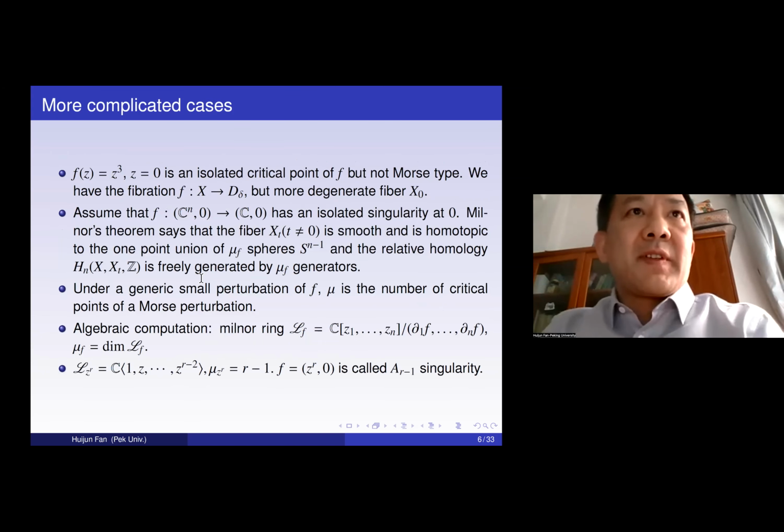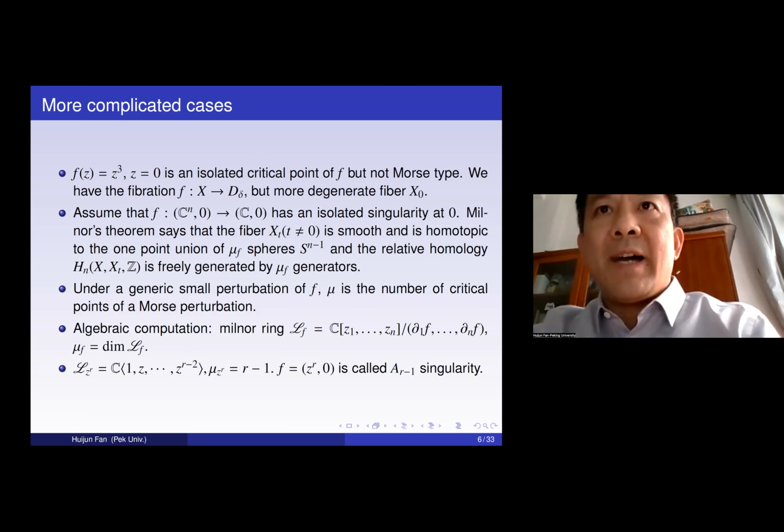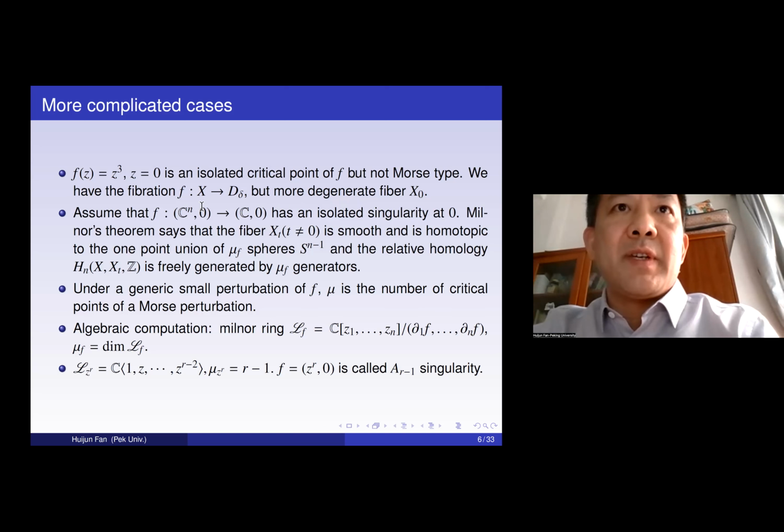So let us consider more complicated cases. If f(z) equals z cubed, then z equals 0 is an isolated critical point of f, but not of Morse type. But we still have the fibration f from X, a small neighborhood of 0 in C, to a disk Delta, but with a more degenerate fiber X_0.